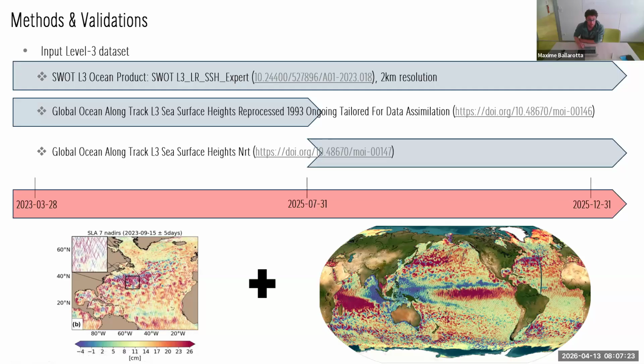In terms of constellation, there are mainly between 7 and 8 nadir altimeters observing the ocean surface topography. So it's relatively dense in terms of nadir altimetry, and we combine it with even denser observation at 2 kilometers from the SWOT system.